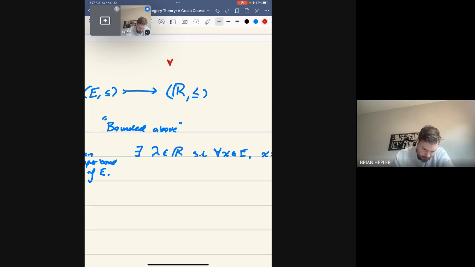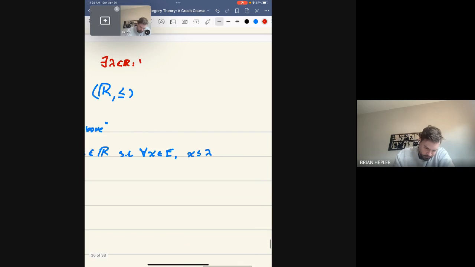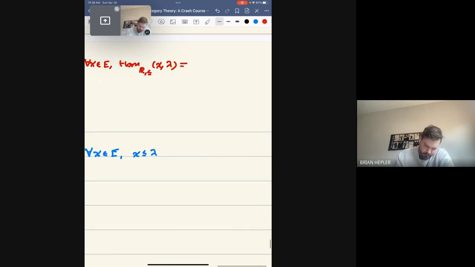That means there exists a real number lambda such that for all x in E, the set of morphisms from x to lambda is not empty.